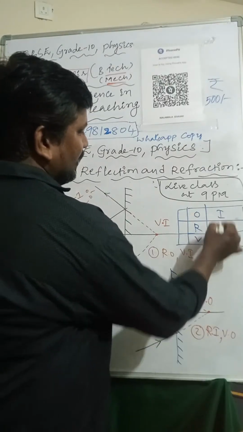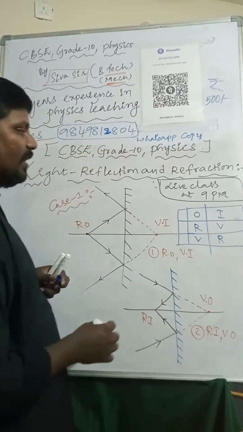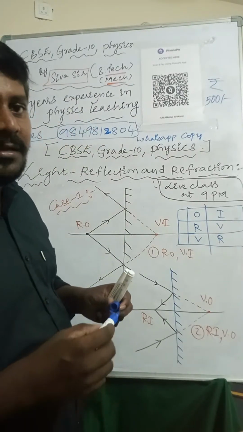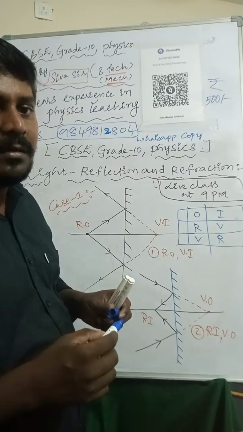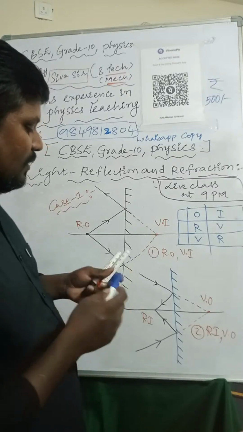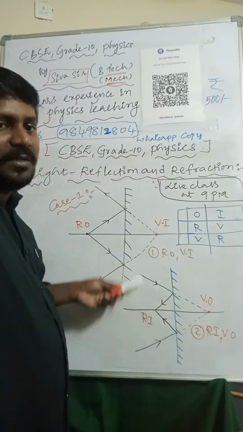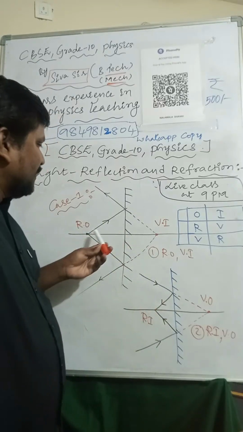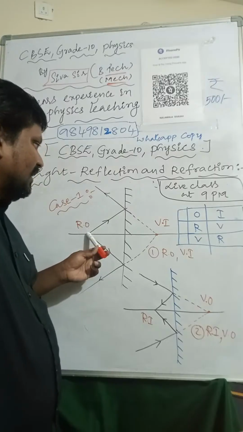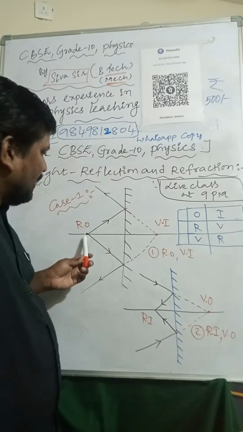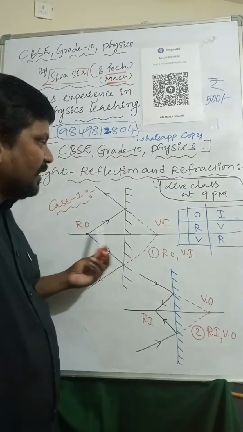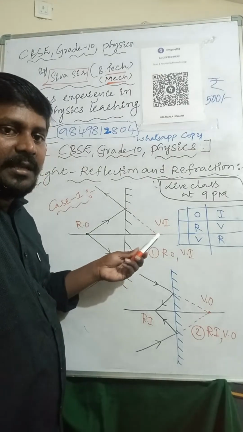When the object is virtual, the image is real. In a plane mirror you can observe this. We can conclude from these diagrams that the object is real, so real object, virtual image. Right?